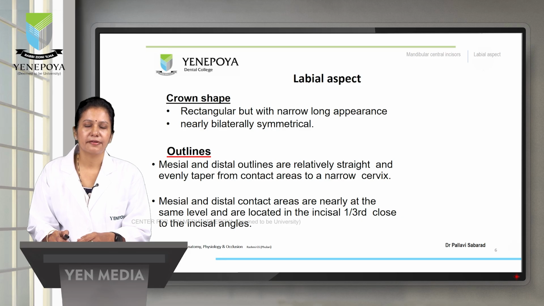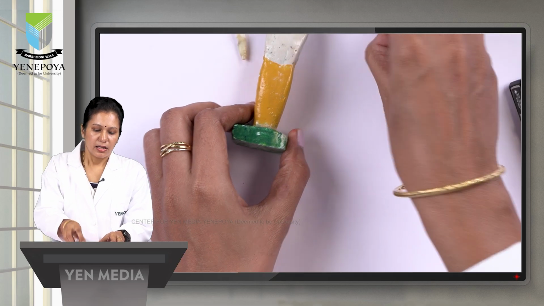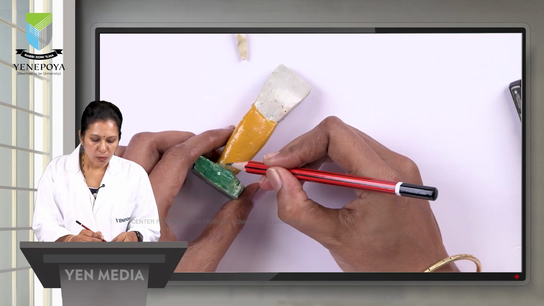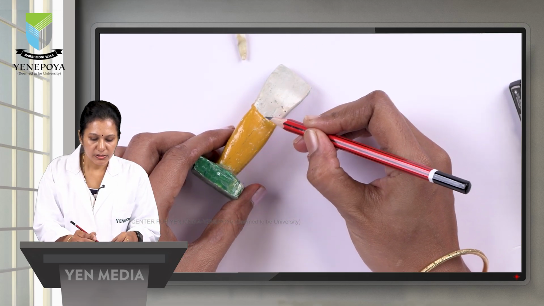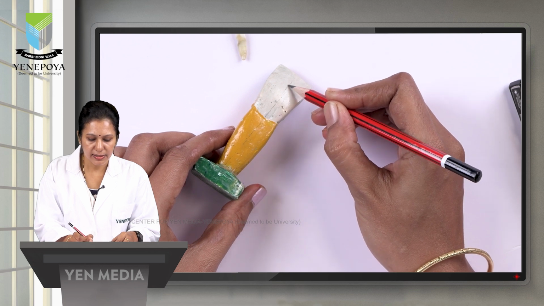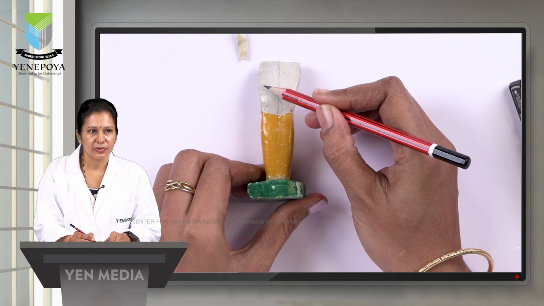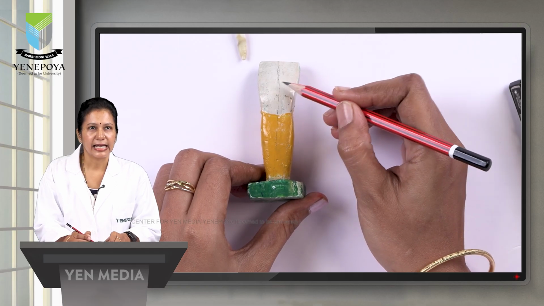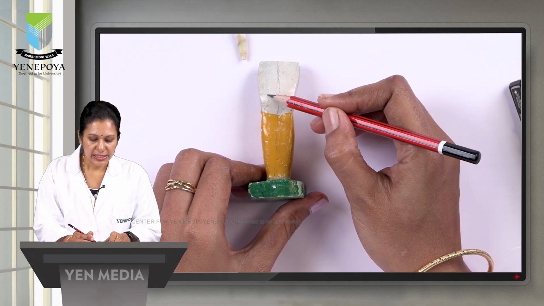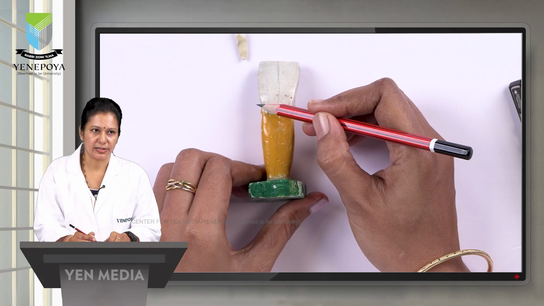That means if we divide the mandibular central incisor with an imaginary central line, marked with a dotted line, we can see that the right and the left halves of the mandibular central incisor are equal. So, it is bilaterally symmetrical.